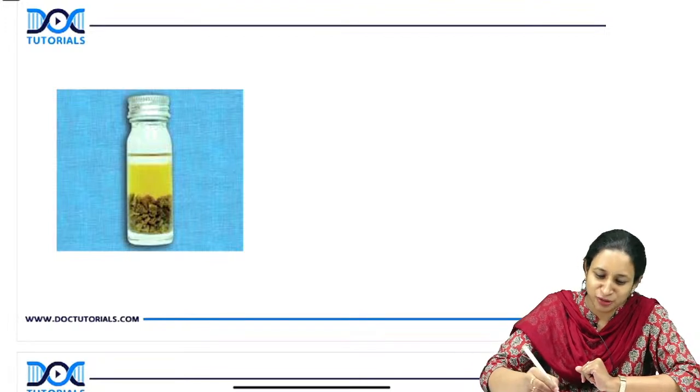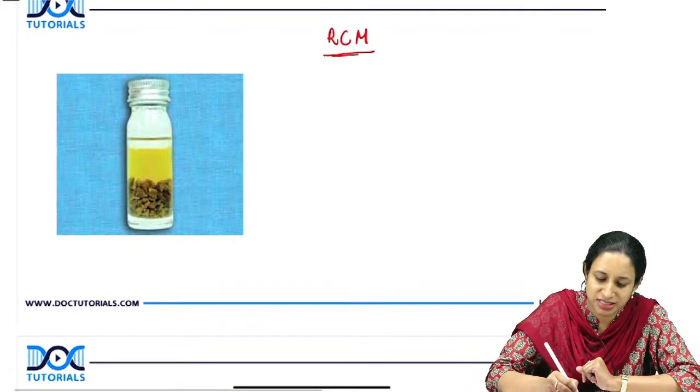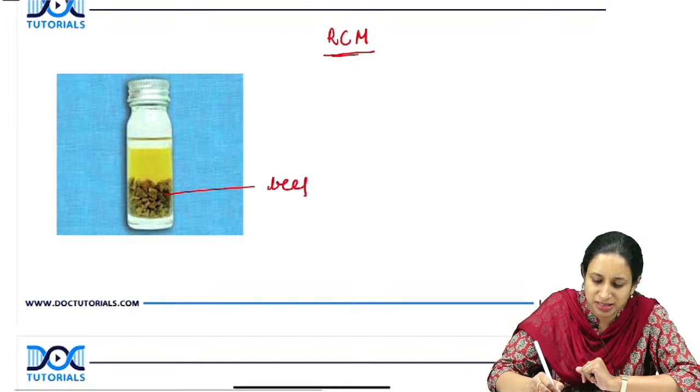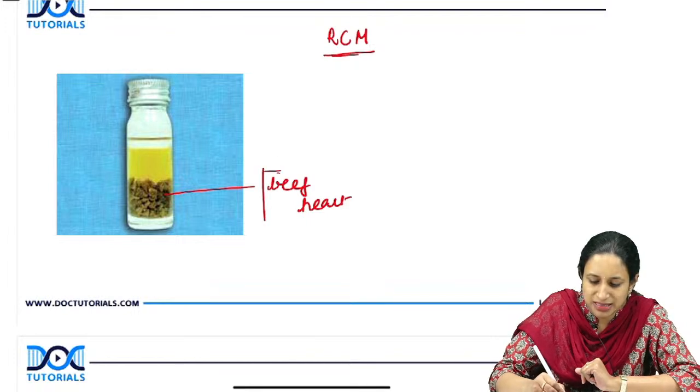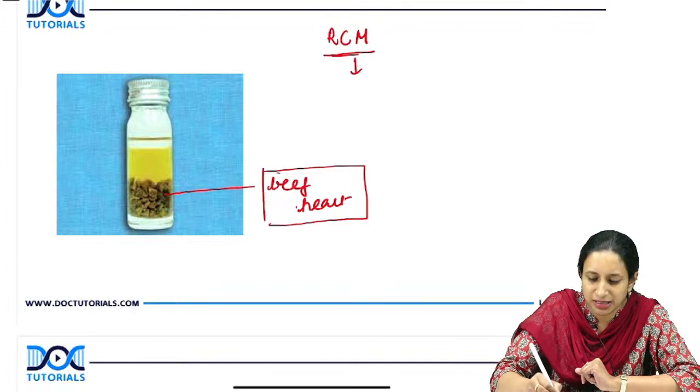Now coming to this particular medium, it is called Robertson cooked meat broth medium. It's an RCM medium which is used, and if you can see here, the particles they ask you about are beef heart. These are the meat particles present in the medium. And what do you study in RCM?